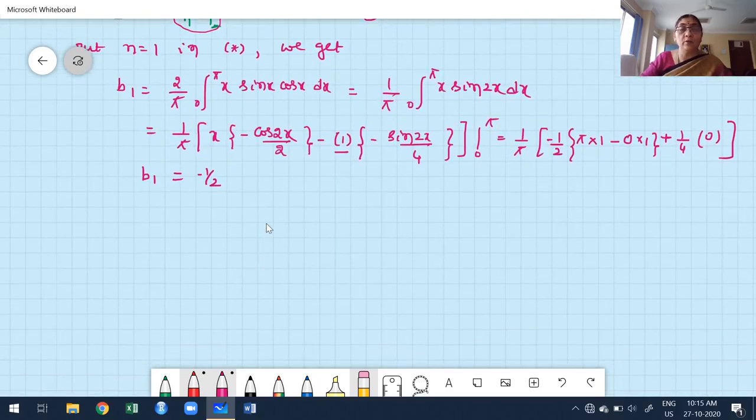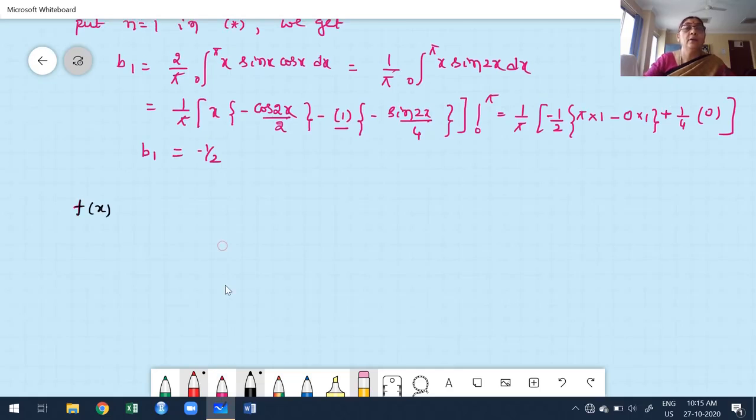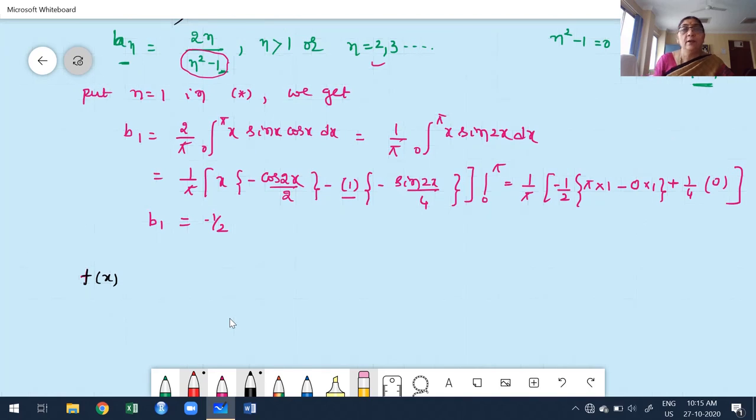Now I am going to construct the Fourier series. While constructing the Fourier series also, don't take the entire summation here. Our bn is not valid for n is equal to 1. Therefore, first I take the first term of the summation, b1 sin x, and then bn is true for n is equal to 2 to infinity, bn sin nx.